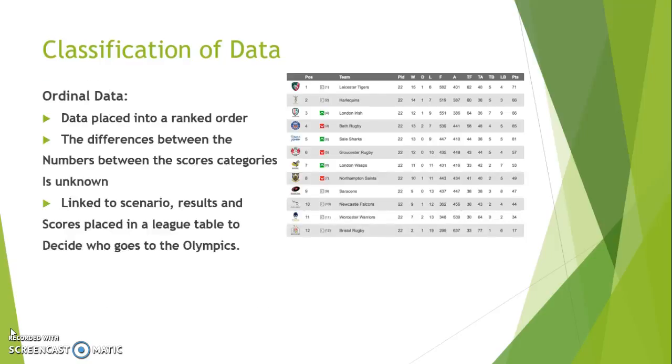The next type of data is ordinal data. As you can see from the example, this would take a table sort of form. It would look at the different numbers between the different score categories. Data is put into a ranked order to see whoever scores highest.